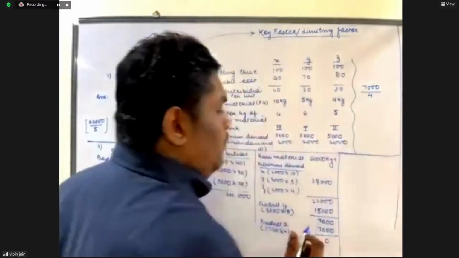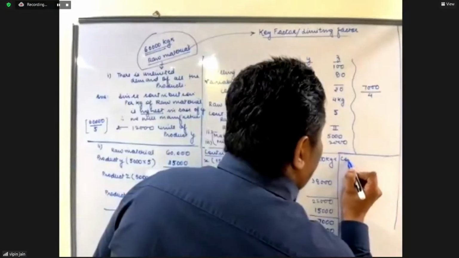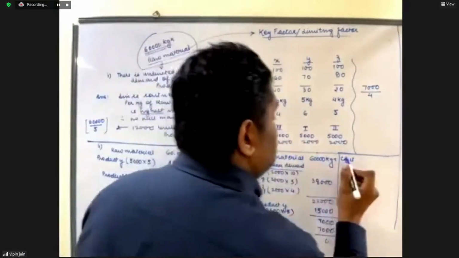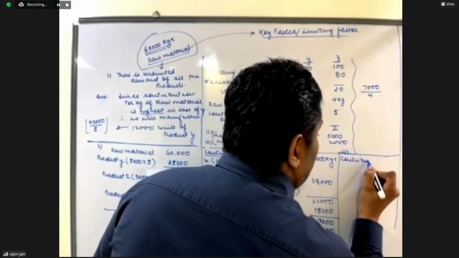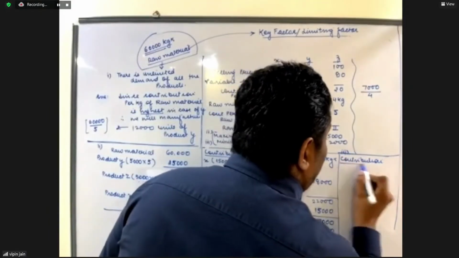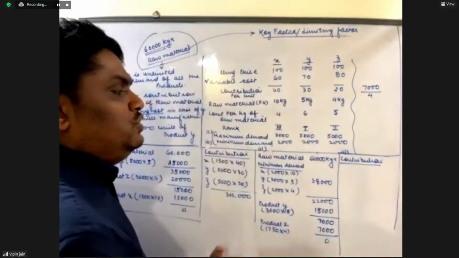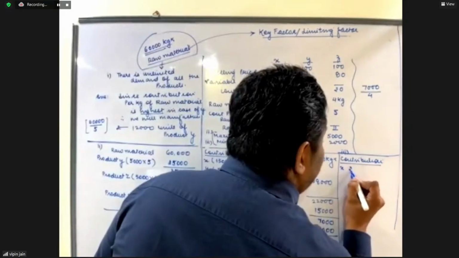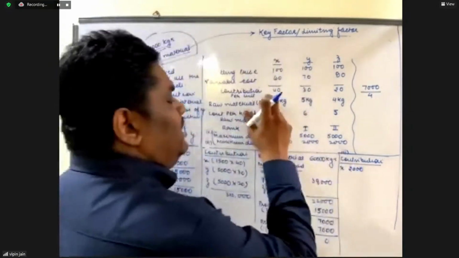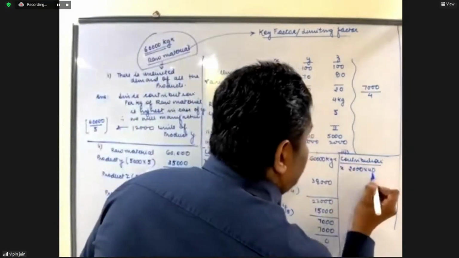So here, when talking about the calculation of contribution, very simple, guys. For X, we have manufactured 2,000 units and the contribution per unit is 40.